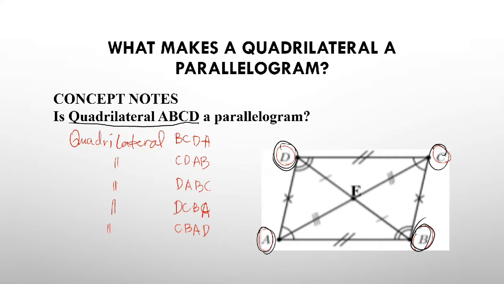Kasi kapag ang ginawa natin quadrilateral A, C, D, B, kapag pinag-connect natin siya, let's start with letter A, tapos proceed tayo sa C, then proceed tayo sa D, then we are creating a triangle, not a quadrilateral. Okay po? So that's why kailangan sunod-sunod din yung naming natin.